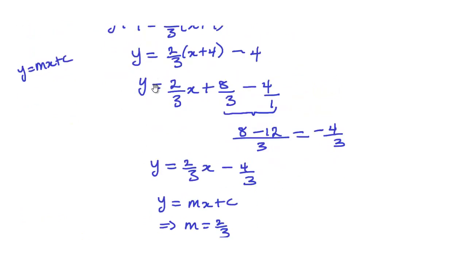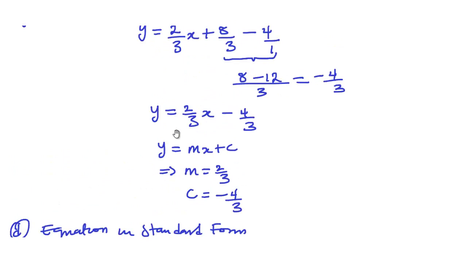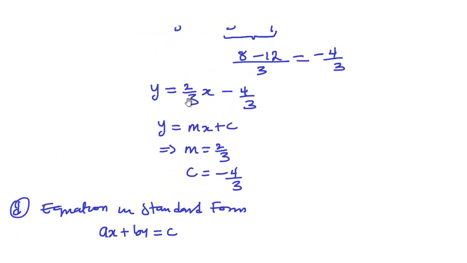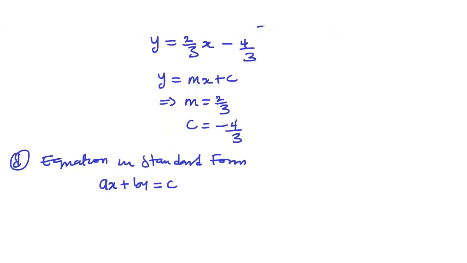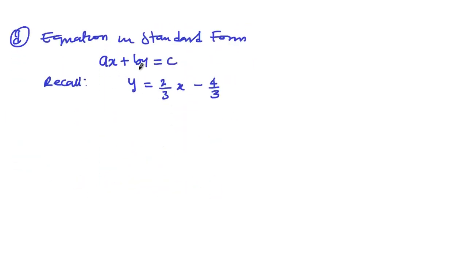I can still bring back my equation of straight line, so I'll just write in terms of x, y, and c. So here we have y is equal to 2 over 3x minus 4 over 3. So all we just want to do is write it in terms of ax plus by.